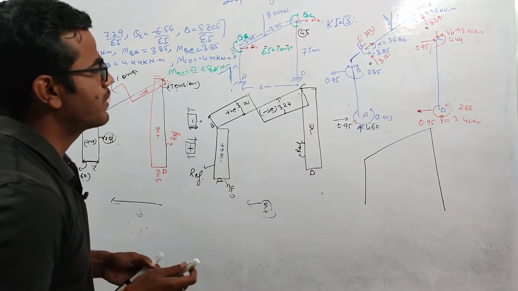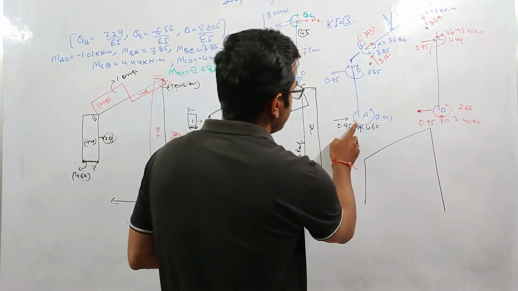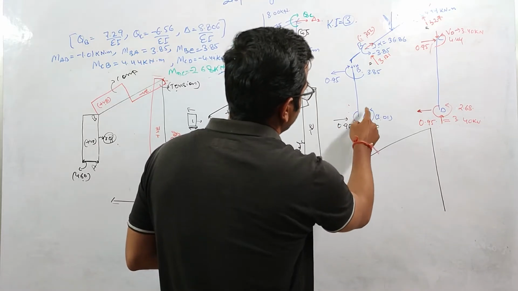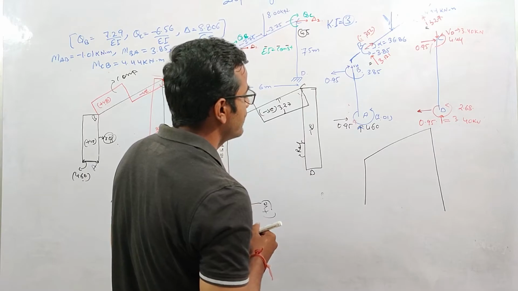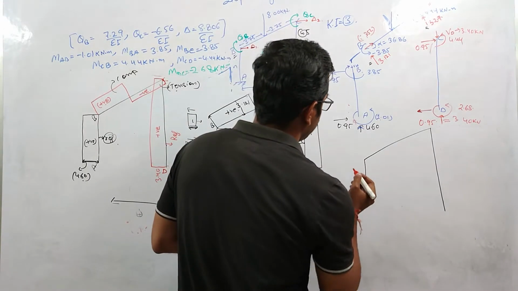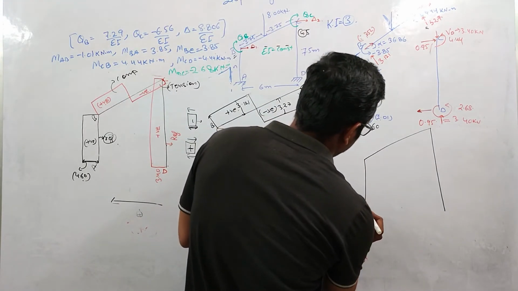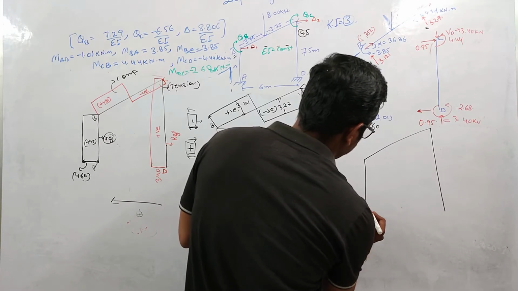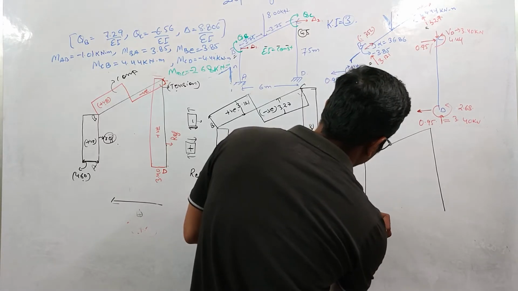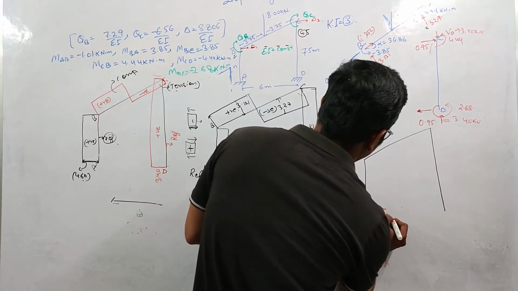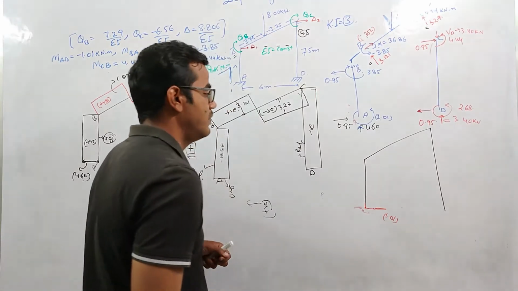If you see this portion, due to this moment, this portion will be in compression, and the bending moment diagram is drawn from the compression side, right? This we have already discussed. So this moment will start from here. Okay, 1.01 will be the value.